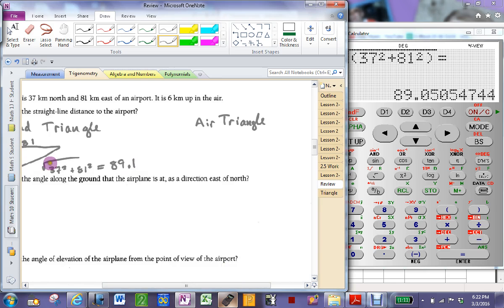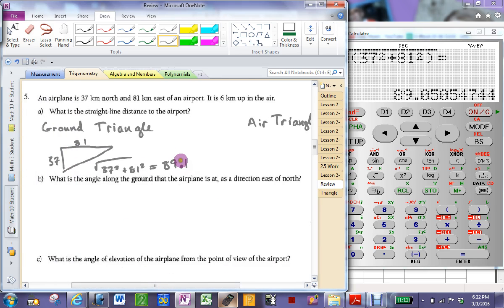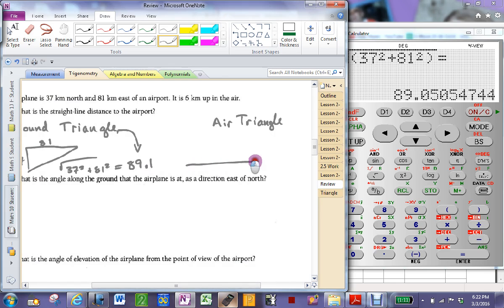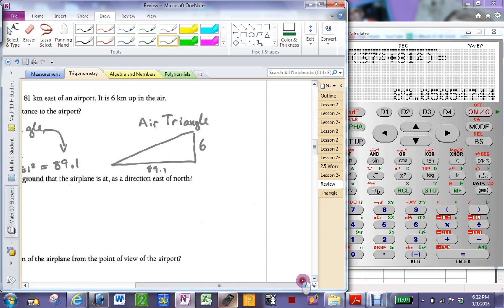Now, that is the ground distance, but I need the air distance. So it's 89.1, but he's also 6 in the air. So I need this side now, which is just Pythagoras again.